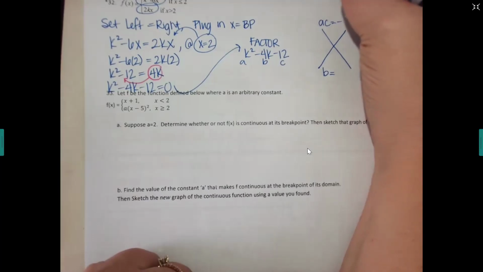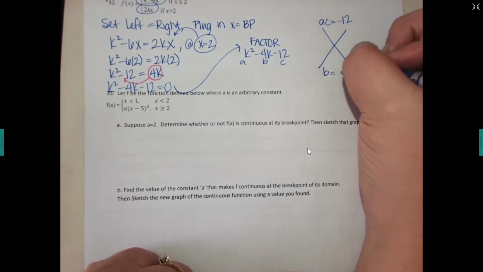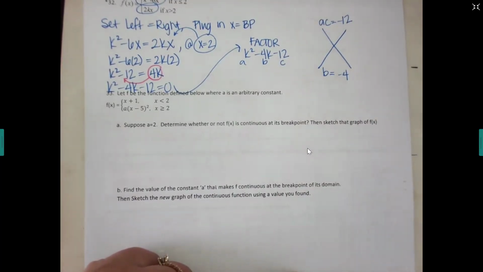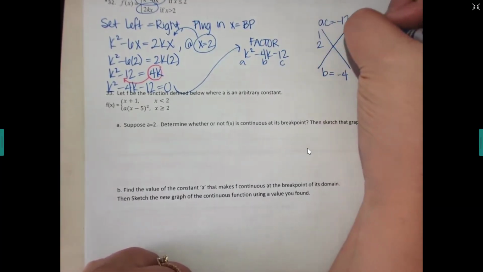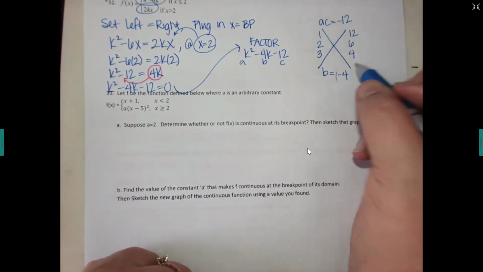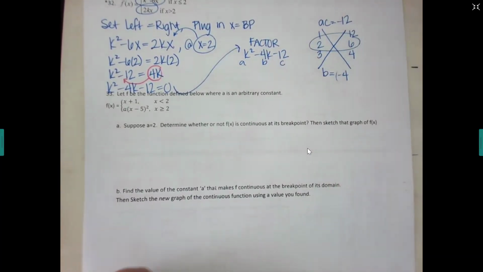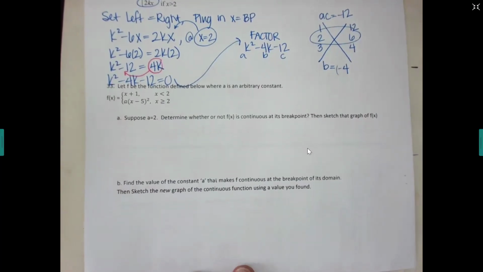So negative 12 on top, and then 4 on bottom. And then typically you'd list all your partners, but if you happen to know which ones they are, you don't have to. So 1 and 12, 2 and 6, or 3. But in order for them to be 4 apart, I'd have to pick 2 and 6. Now, when I place my negative, I want to place it so that my 4 stays negative, so I'd put it on the 6 side.